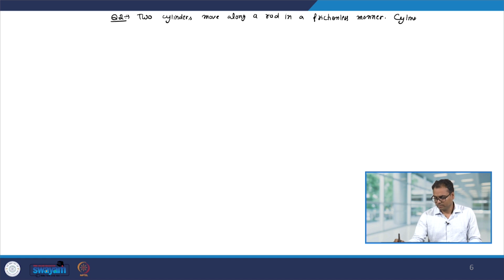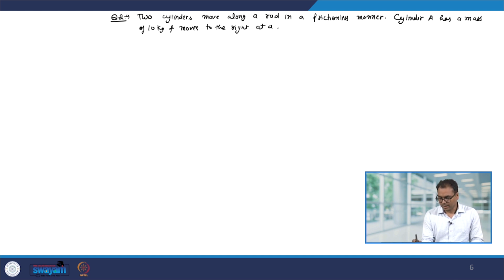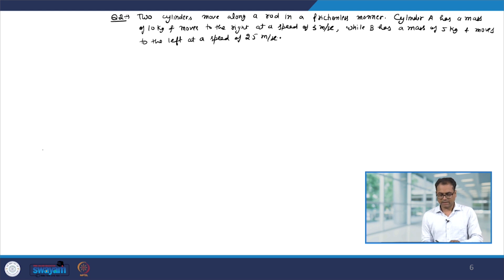Cylinder A has a mass of 10 kg and moves to the right at a speed of 3 meter per second, while B has a mass of 5 kg and moves to the left at a speed of 2.5 meter per second.